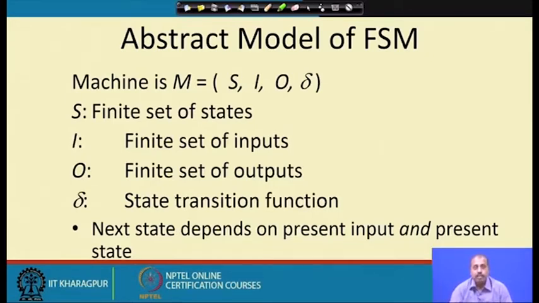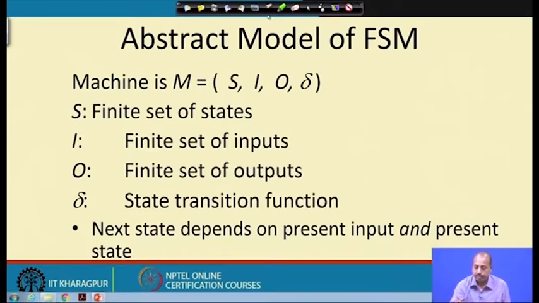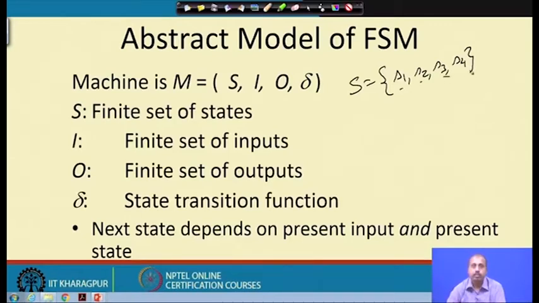The machine at any point of time can be in any of those states. For example, if I say that my state set S consists of the states S1, S2, S3 and S4, what it means is that at any point of time the machine will be in one of these 4 states S1, S2, S3 and S4. It cannot be in any other state; they are all excluded.